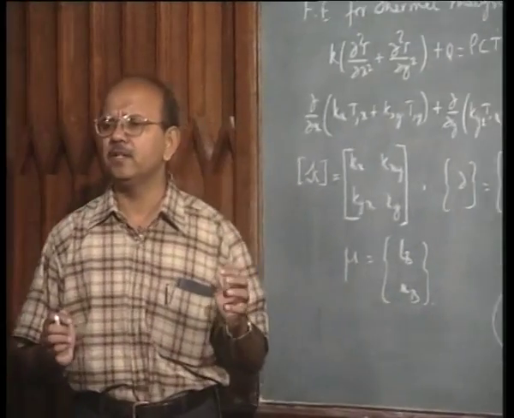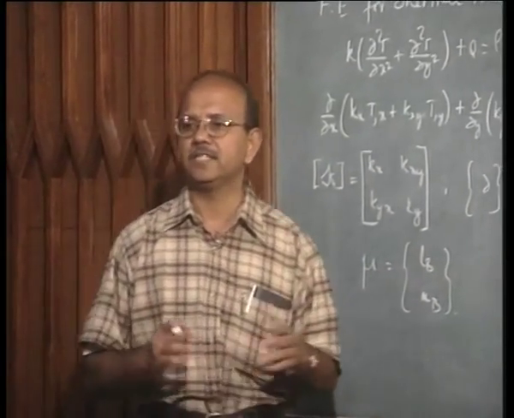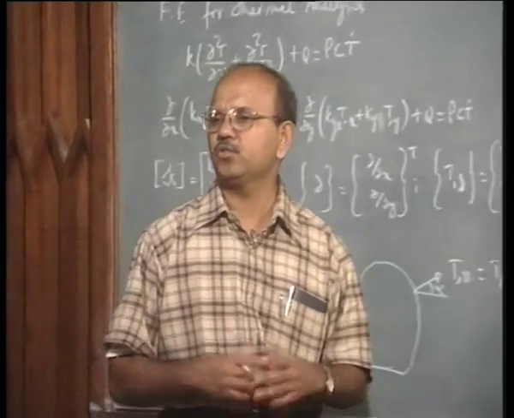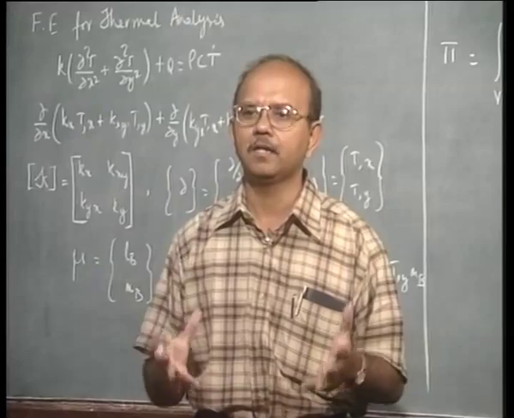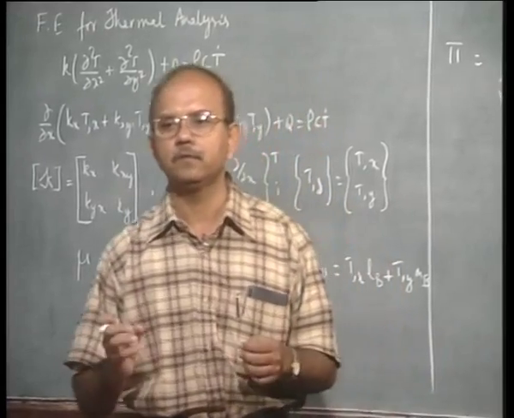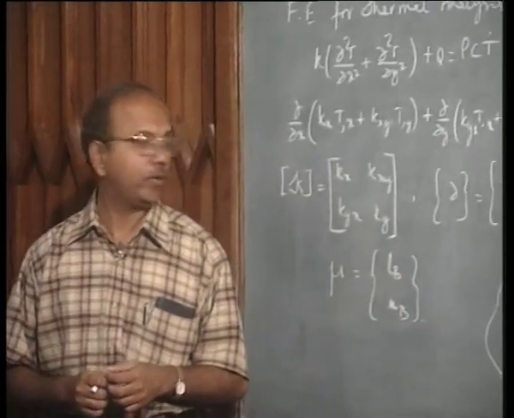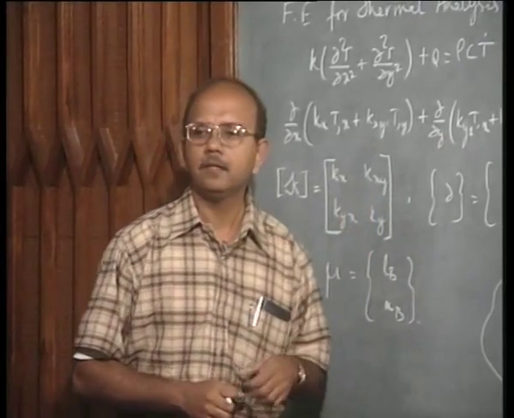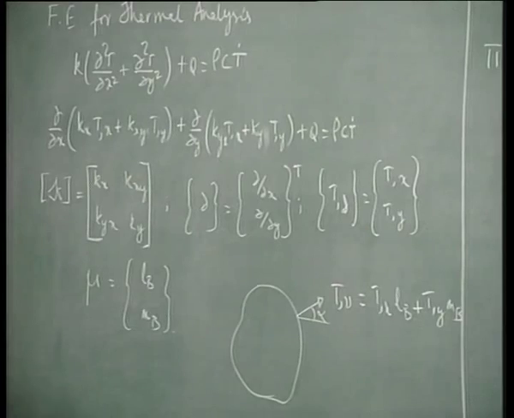But if you are doing normal metal, say steel, most of the time we are not worried about the anisotropy of these metals. In which case, how do I write this thermal conductivity matrix?